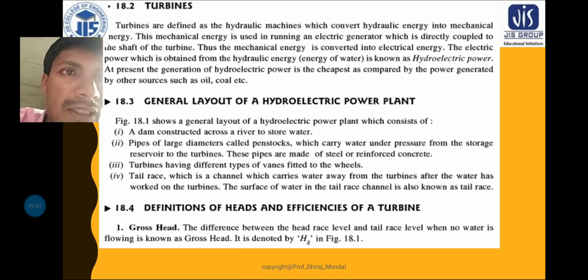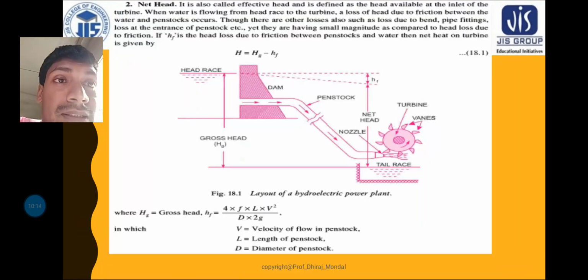Now see the general layout of a hydroelectric power plant. First of all, if you want to set up a hydraulic power plant, it consists of a dam constructed across a river to store water. So first of all, you need to construct a dam like this.